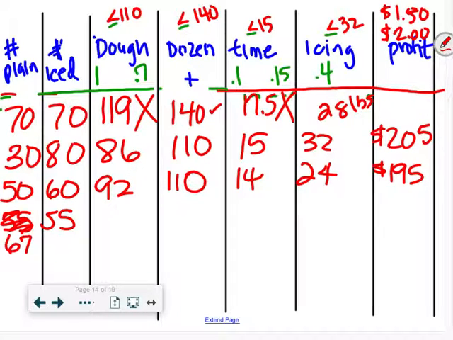If you are on this half of the room, I want you to check and see if that's a possible combo. 55 iced, 67 plain. Okay. And Grace, what was the combo that you had? 45 and 70.